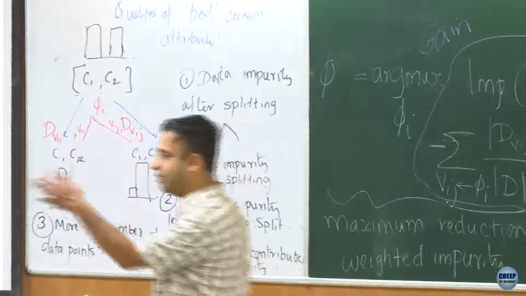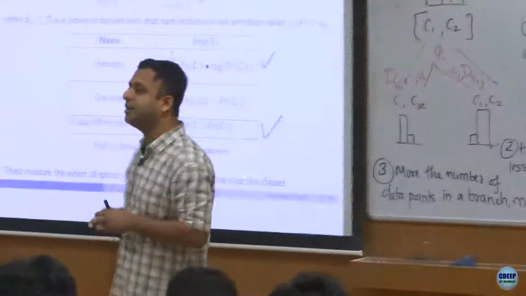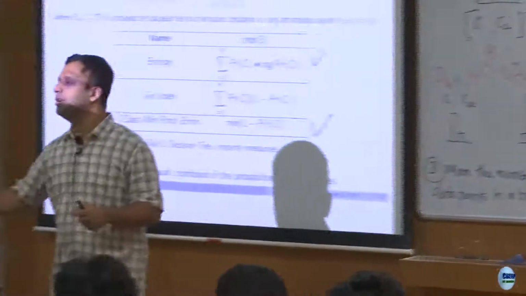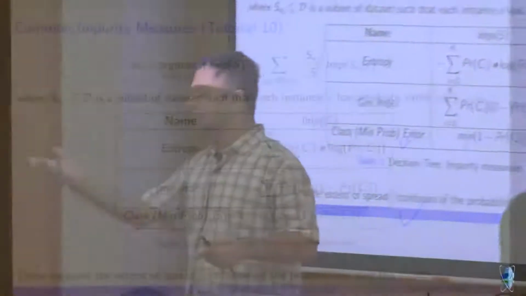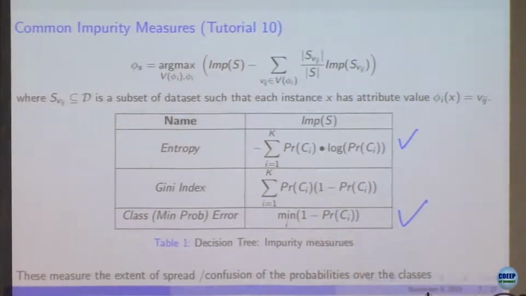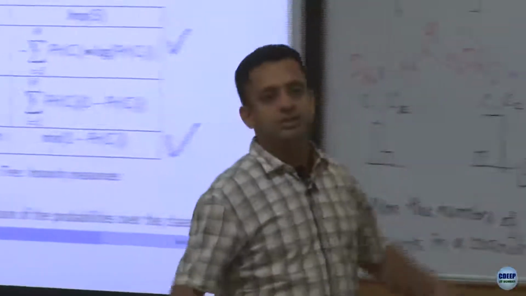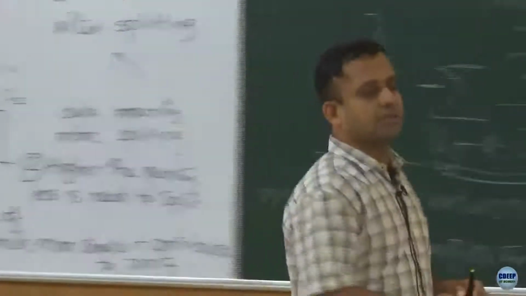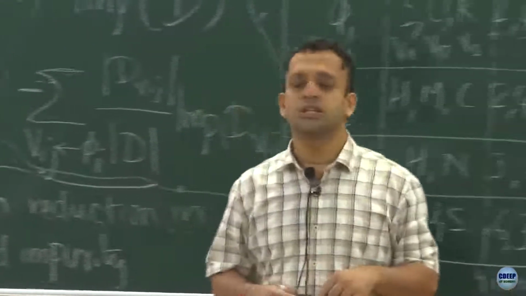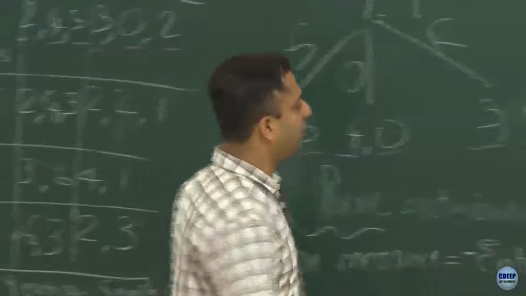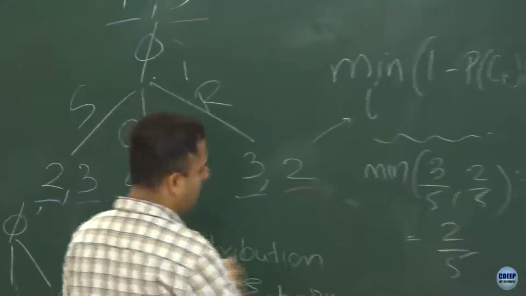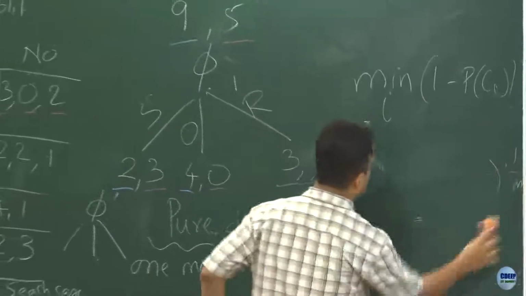So this kind of takes care of your concern. There was a concern expressed earlier when I just say 1 minus probability of the less frequent class. Your concern was, well, what about if you have multiple classes? So now we have solved that slightly differently. So impurity here as per this would be 2 by 5.